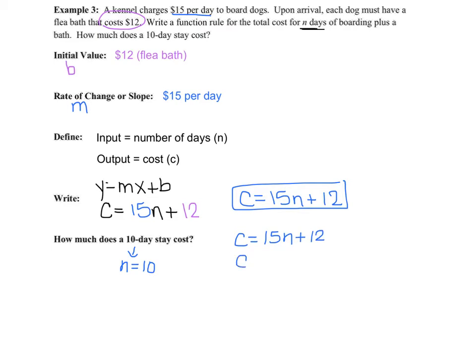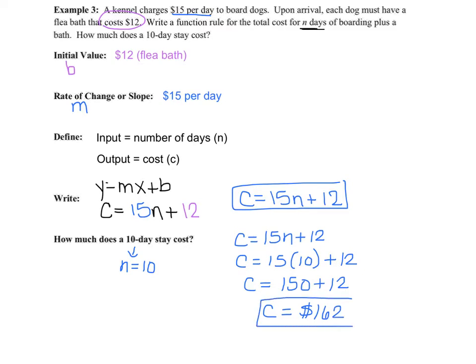We're looking for a cost. So 15 times the number of days, which is 10, plus 12. C equals 15 times 10 is 150 plus 12. And therefore, we're going to add it together. So our total cost, 150 plus 12 equals 162. So we're looking for our cost here, which is our output. And we found our output by substituting our input value, which is the number of days.